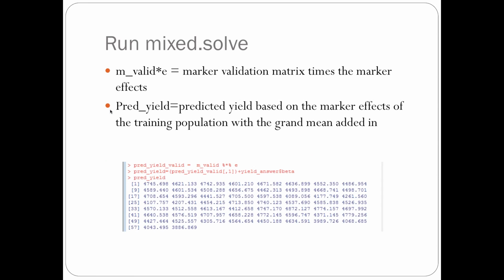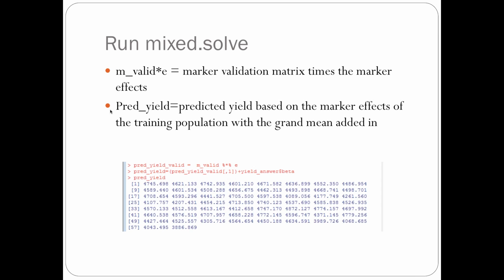So once we have the marker effects, we need to multiply it back to the markers in the validation population. So to do that, you multiply the M valid, which is the marker validation matrix, times the marker effects. And to get the predicted values for the yield, we need to add in the overall mean, which was seen in the equation a few slides back.